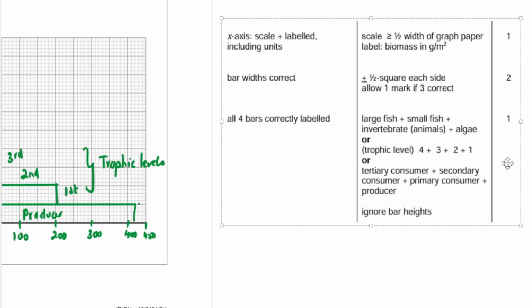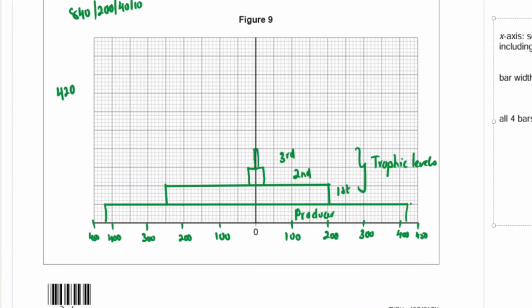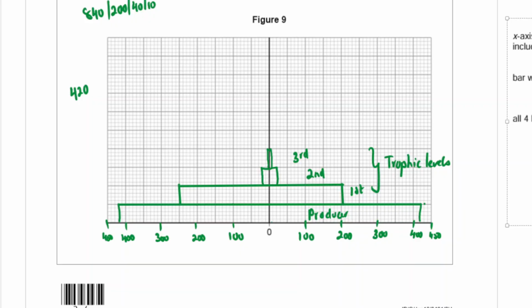The trophic levels are 4, 3, 2, and 1, or tertiary consumer, secondary consumer, primary consumer. Am I making a mistake by not calling the producer a trophic level?